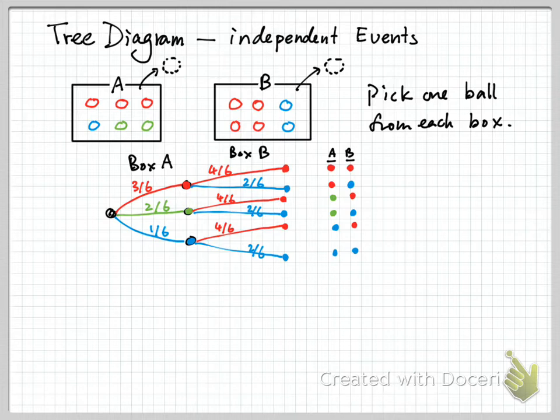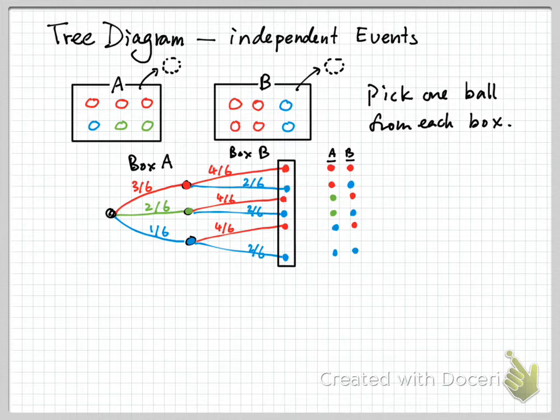So we can do this. The probability for each event is the product of all the probabilities that lead to that event. The probability for each of these endpoints is the product of the probabilities of all the branches that lead to that endpoint.